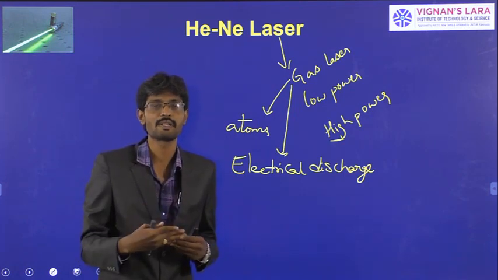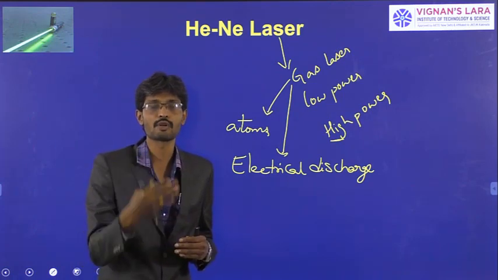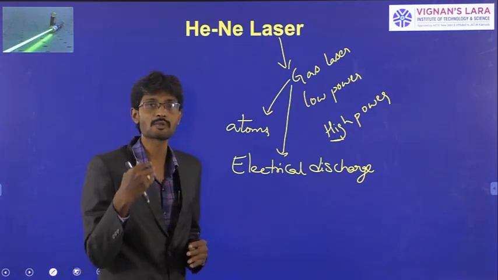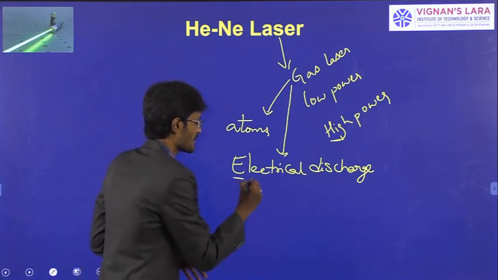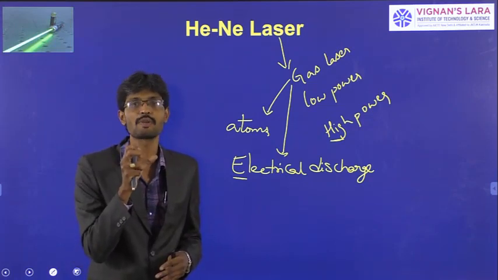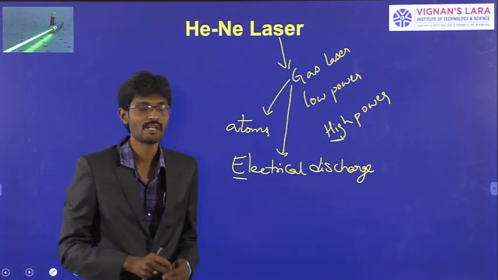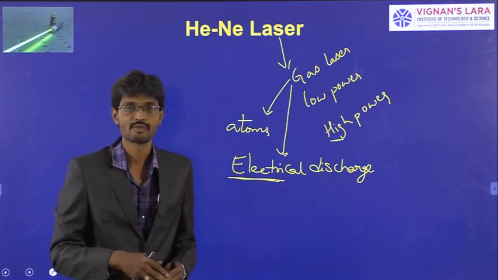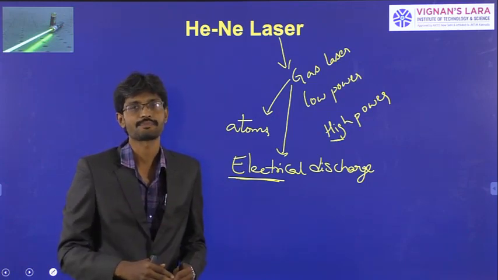Optical pumping will produce photons of broad frequencies, which makes it difficult for atoms to attain population inversion. Therefore, we use the electric discharge method. It gives the exact, suitable energy for atoms to go to the exact state and produce population inversion. That's why all gas lasers use electric discharge as the pumping method.